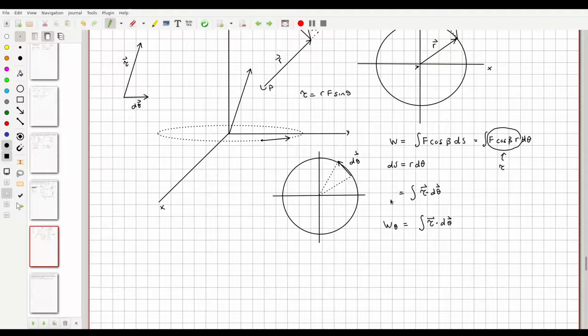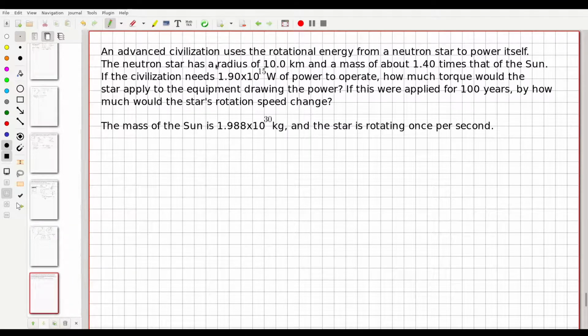Now, so let's do something with it. We have an advanced civilization that uses the rotational energy from a neutron star to power itself. Now, the neutron star has a radius of 10 kilometers and a mass of about 1.4 times that of the sun. The civilization itself uses 1.90 times 10 to the 15 watts of power.